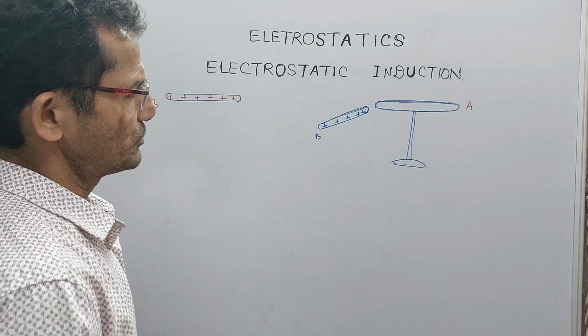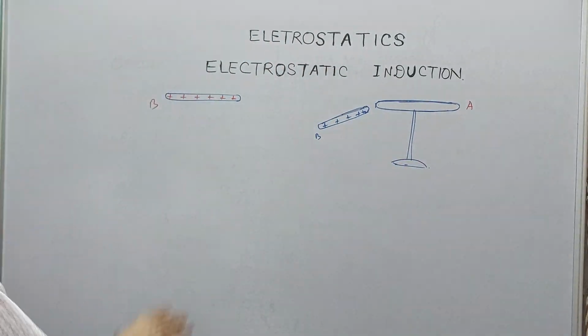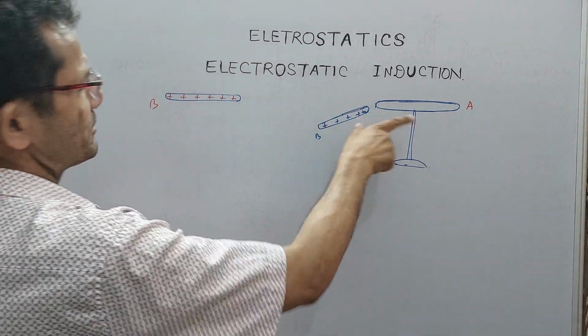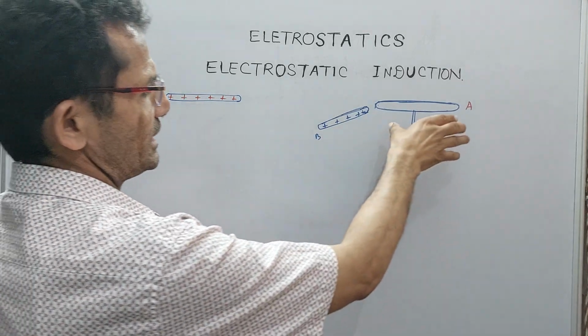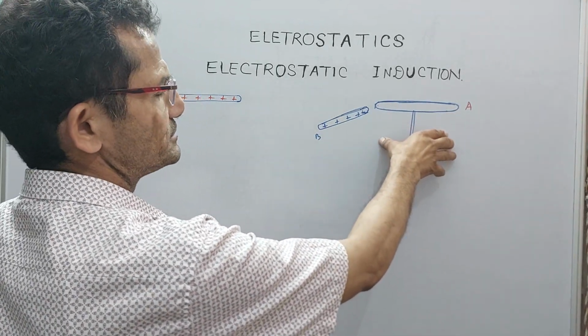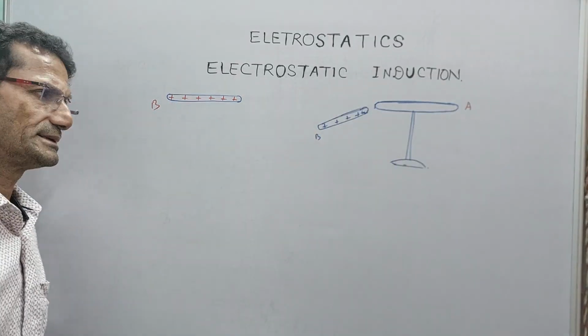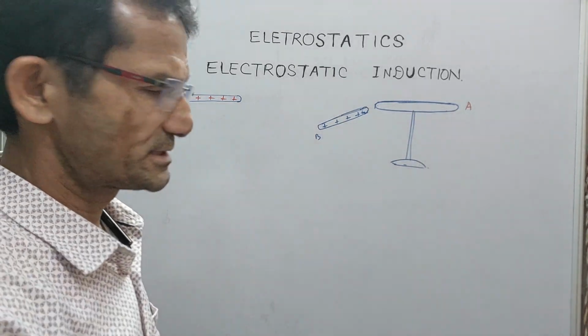We do not have to touch these two rods. Suppose this is a rod, it is far from rod A. At the beginning, we have given some positive charges, and this rod A is made of metals or conductors, electrically neutral.